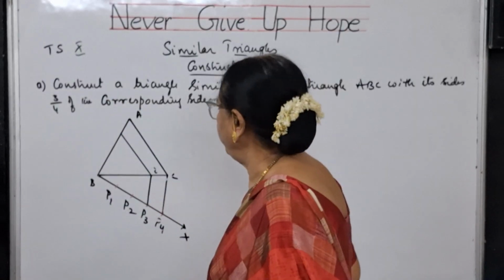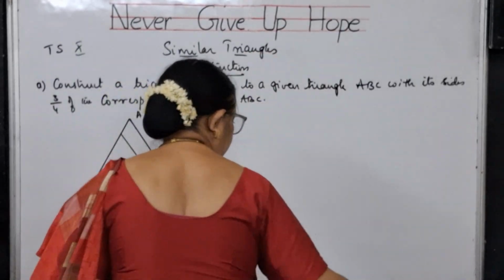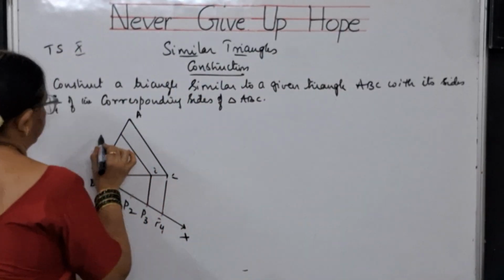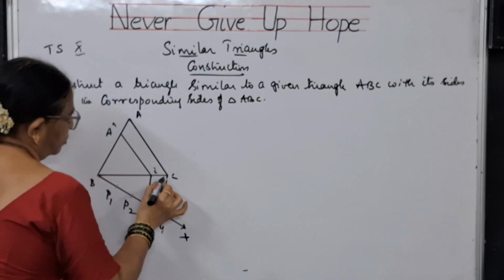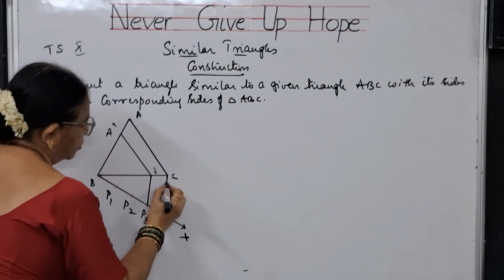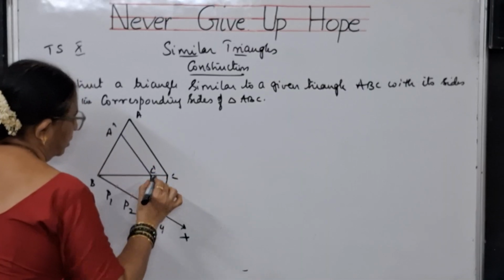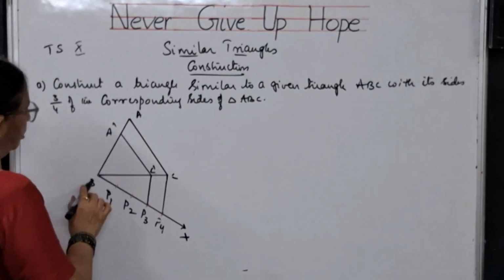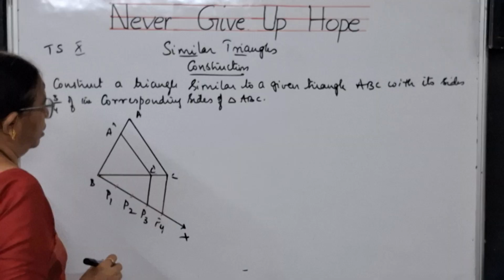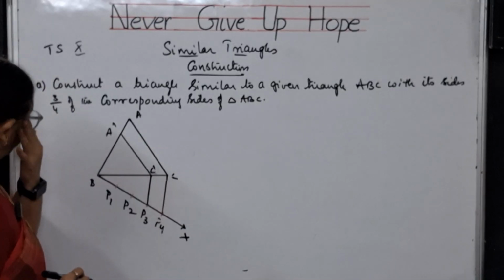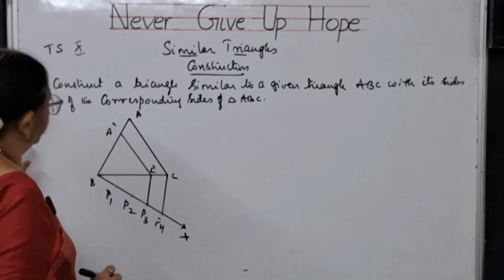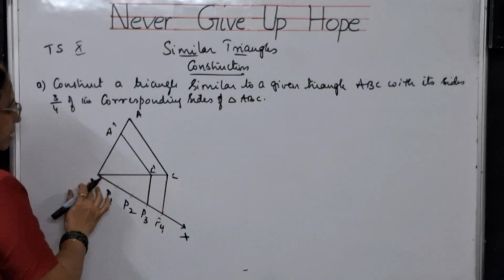This is parallel to AC. So this one we call A dash. So A dash B C dash is the required triangle which is having sides 3 by 4 of the sides of the triangle ABC.